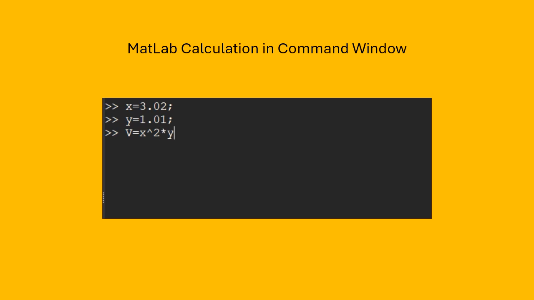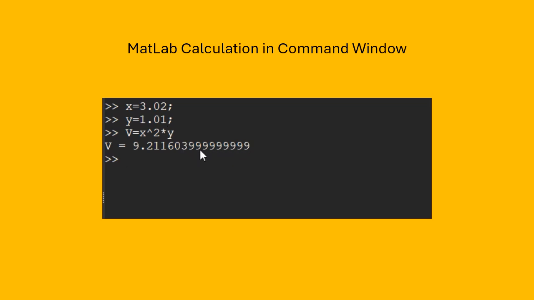I'm not going to put a semicolon after this because I want to see the result of the calculation of V. So I'll hit enter, and it tells us that V is 9.211603, and then a whole bunch of nines. This is in what MATLAB or Octave call long format. If you look at this, we have a 3 here and a lot of nines.